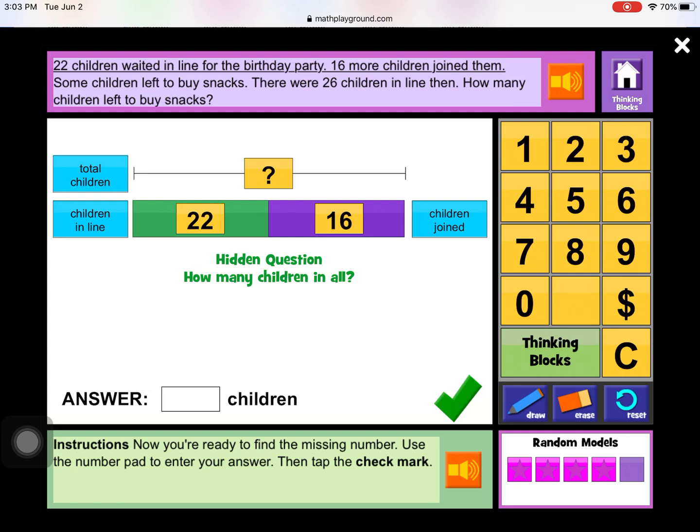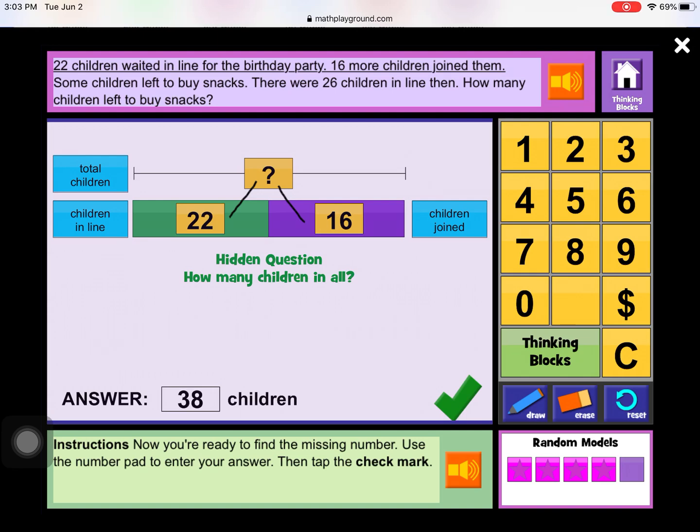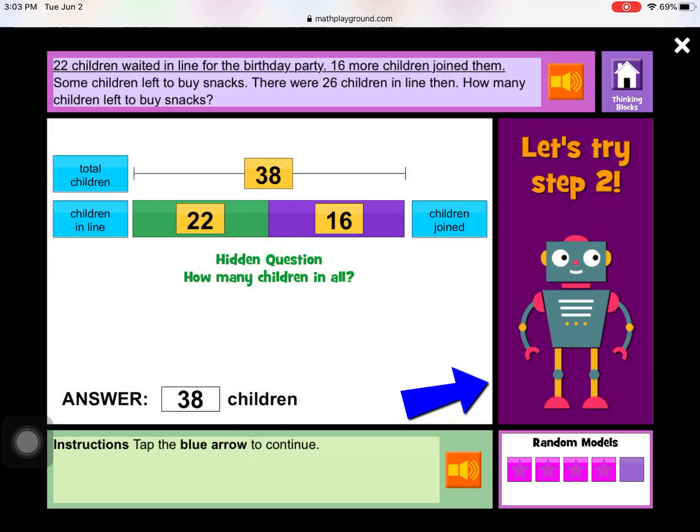So now, again, think of this as kind of like your math mountain. So 22 and 16 is going to make my total number of children. So to ask that first question, how many children in all, I believe that I'm going to have 38. So that's the first step.